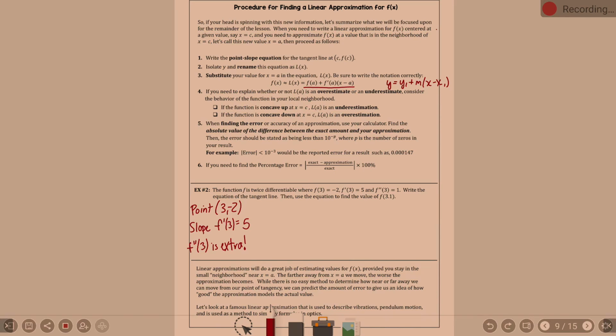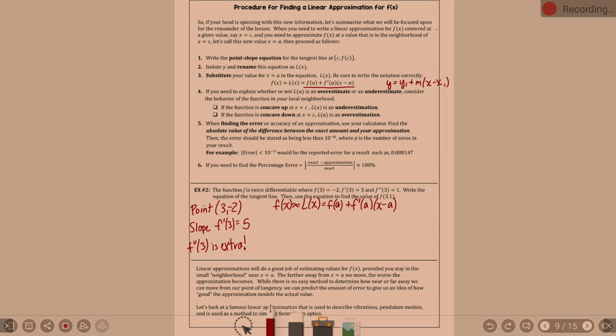Okay. Write the equation of the tangent line. So we're going to use, and I'm squeezing this in because I didn't zoom in again like I should have, but that's all right, where f of x is going to be approximately equal to L of x representing the linear approximation, and we're going to be filling in that form up above of f of a plus f prime of a times x minus a.